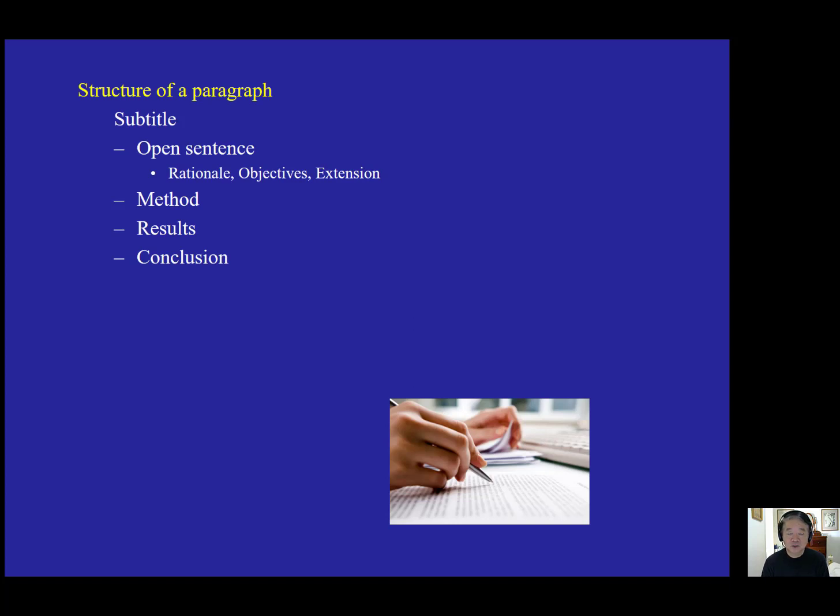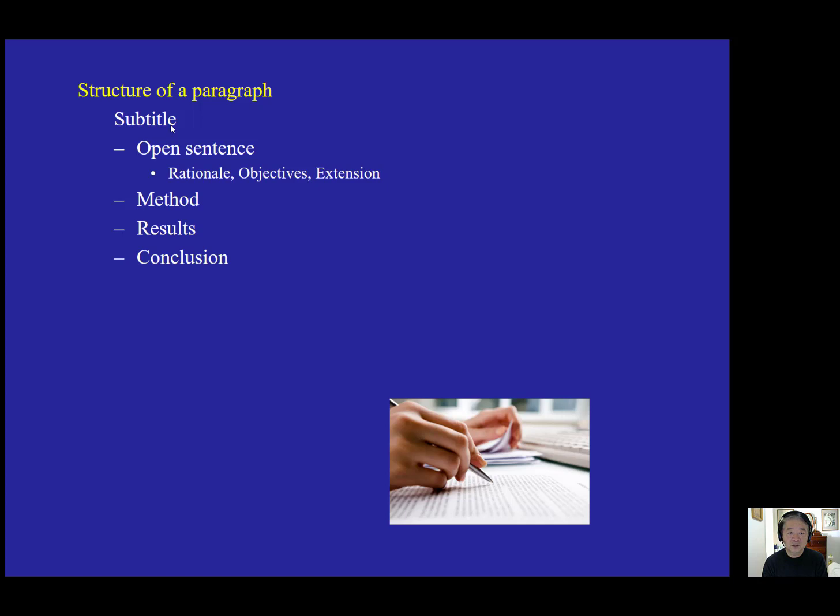In terms of the structure of a paragraph in the results section, we can summarize into 4 points. Normally, when you write a paragraph in the results section, you have a subtitle which emphasizes the most important finding or the story about this paragraph.